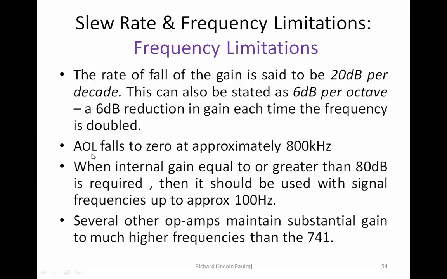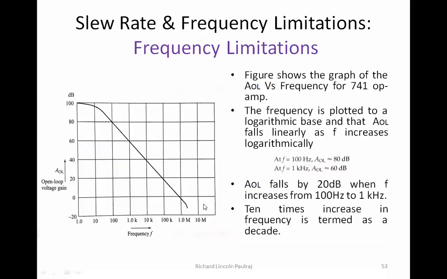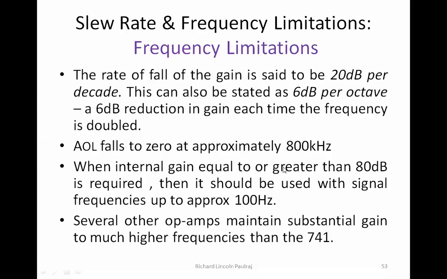Okay. Now, yes, sir. AOL falls to 0 approximately at about 800 kilohertz. So you are seeing that this AOL drops down to about 800 kilohertz. That is practically seen. Sometimes what will happen is theoretical values wouldn't match with practical values, right? Because there are a lot of practical things that impact the performance of a circuit.